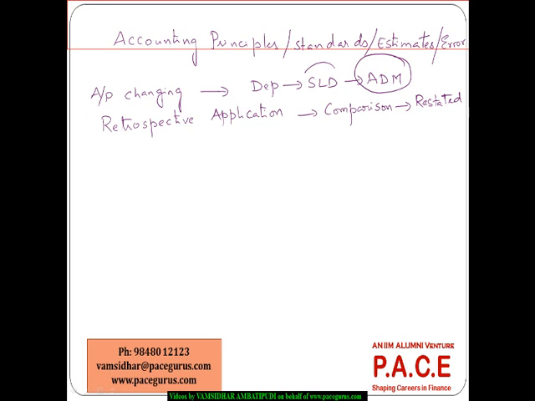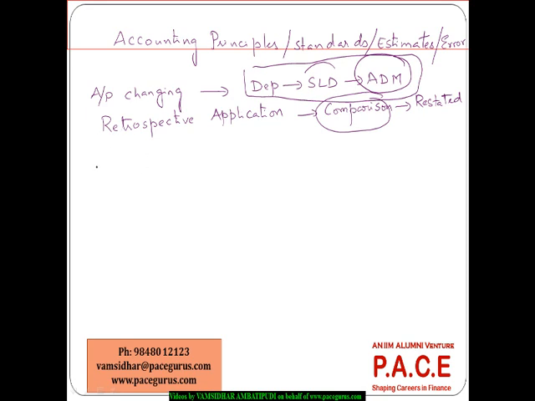So to promote comparability, it is very much expected that if there is any such change in the accounting principles, it is mandatory for a company to restate the prior period's financial statement also based on the changed accounting principle. So that is what we call retrospective application.